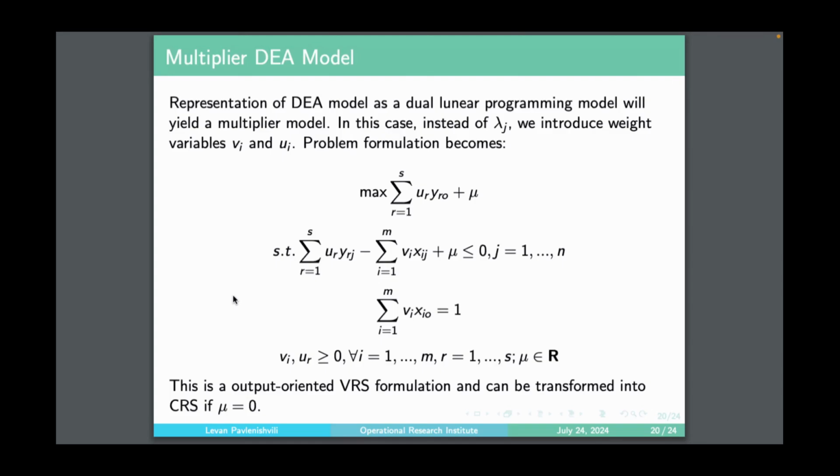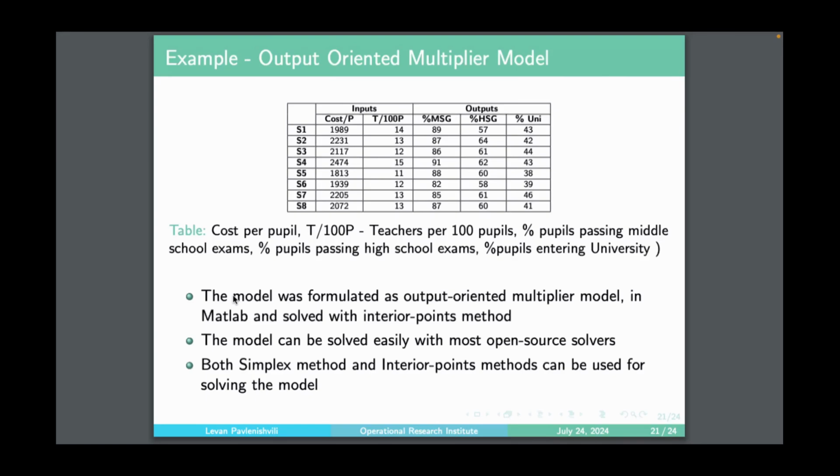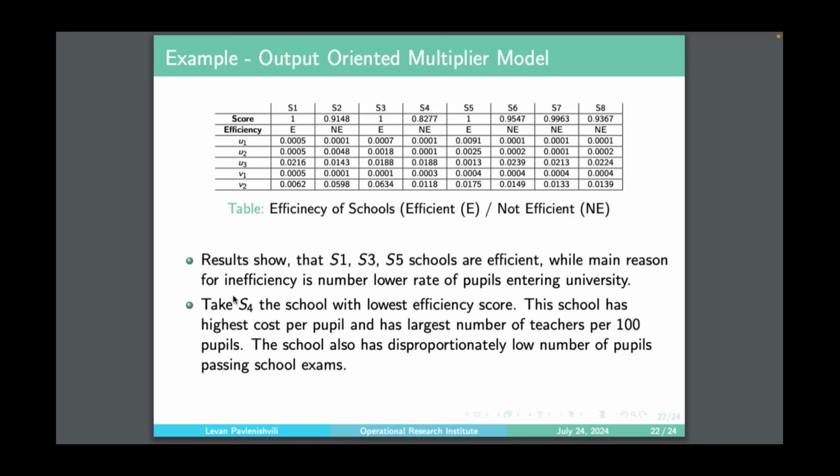Okay, so I get that these ones are efficient, and then I'm looking at, okay, these are input parameters. These are output parameters, and these are input parameters, right?